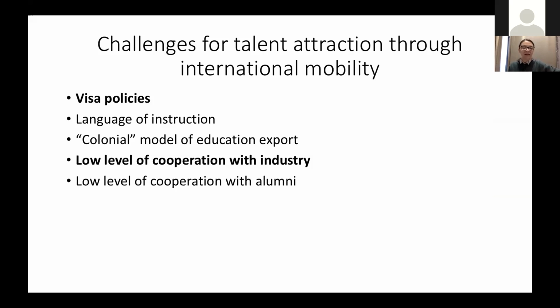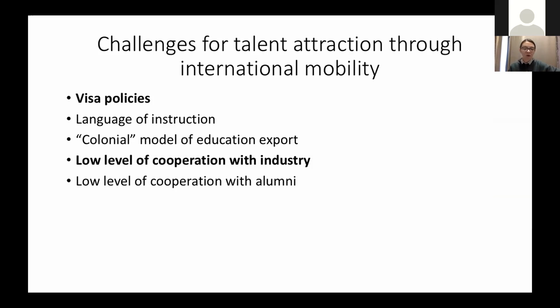And finally, the challenges include organizational matters such as low level of cooperation with industry and low level of cooperation with alumni. Because, for example, if to speak about industry, some other countries demonstrate very successful practices. For example, Canada has its co-op programs that include practice within the study course.